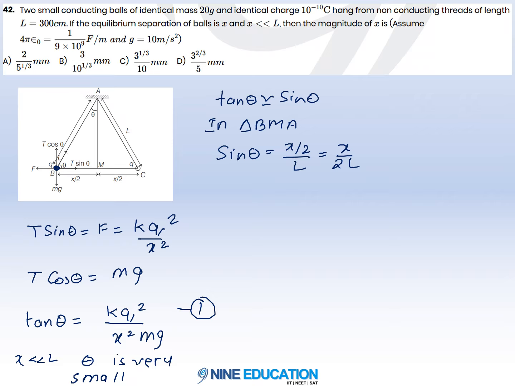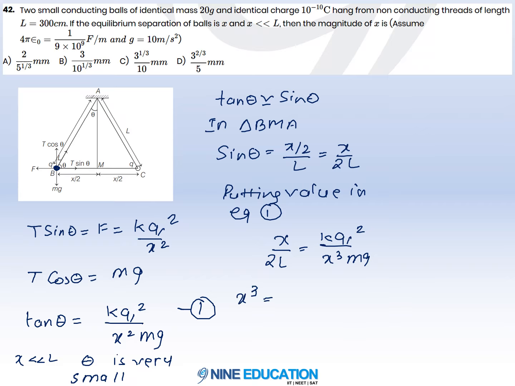Now putting the value in equation 1, x by 2L equals K Q square upon x square mg. So x cube is K Q square into 2L upon mg. The value of K is 9 into 10 power 9.